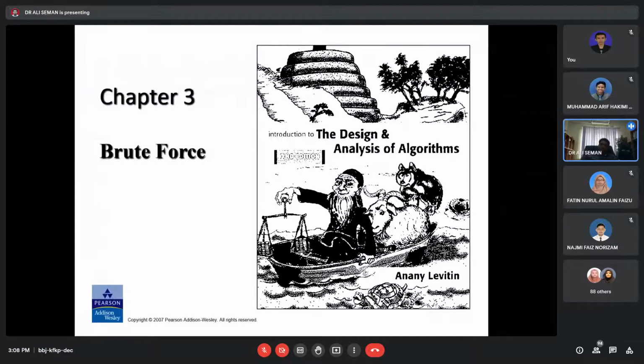Some problems can be done by a certain design technique, for example brute force, or maybe by another design technique. And finally, we can see the difference in terms of analysis, time efficiency or complexity.